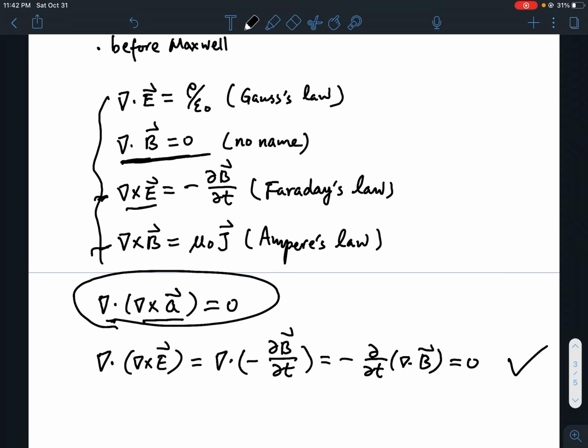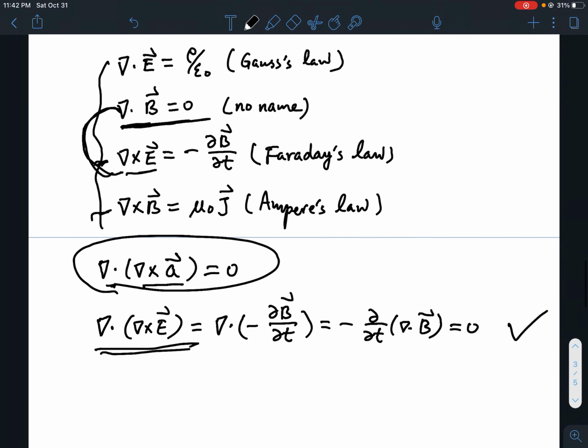So this is consistent. These two equations already indicate del dot del cross E should be 0, and it is 0. So this one is fine.